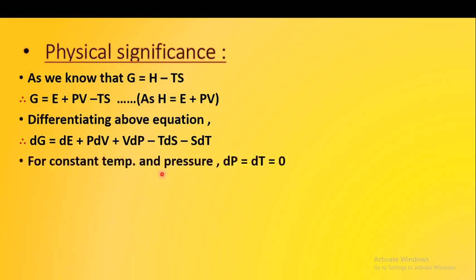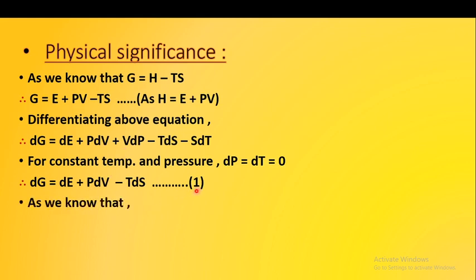But at constant temperature and pressure, dP and dT are equal to 0, so the terms VdP and SdT become 0. Therefore the equation can be written as dG is equal to dE plus PdV minus TdS.